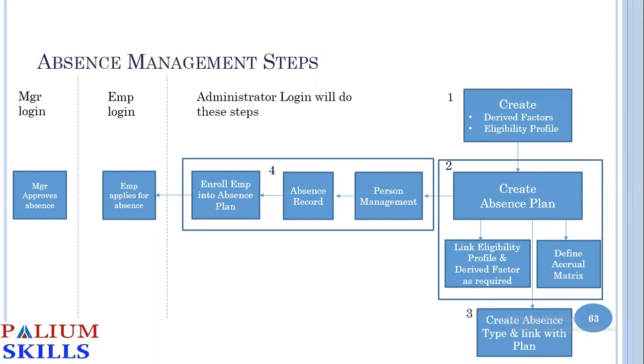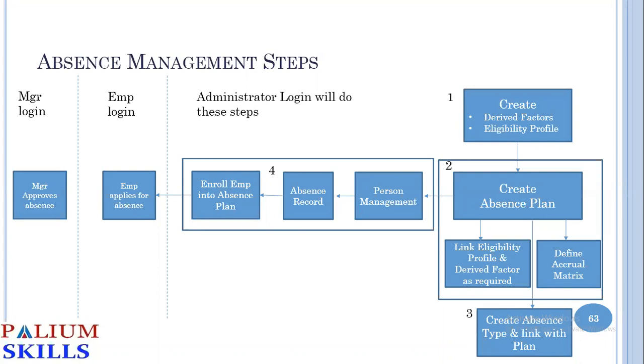So if someone has 24 days of leave available at the end of the year, 10 days will be carried over. So 24 minus 10 is 14. The remaining 14 will expire if he does not use them. Are you following the accrual concept, or the expiry concept, depending on what the rules are?